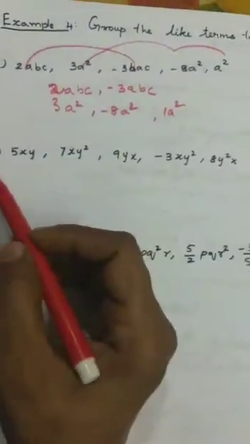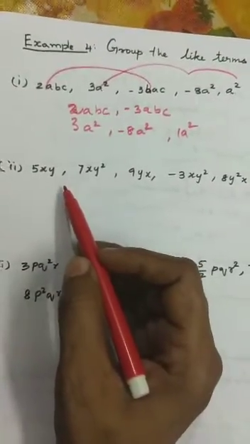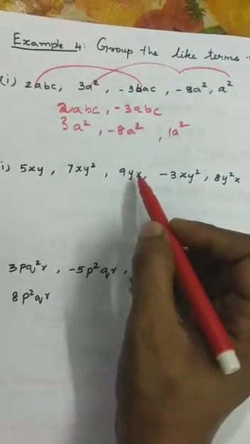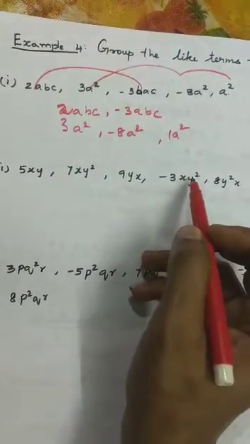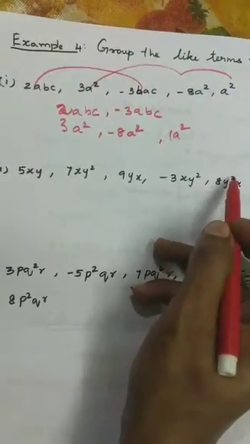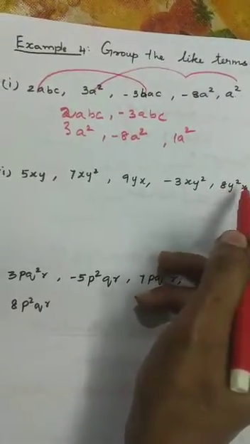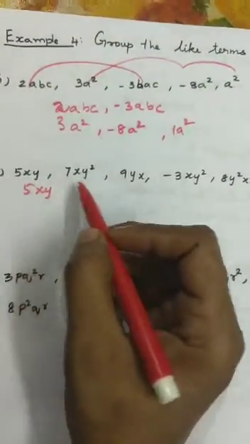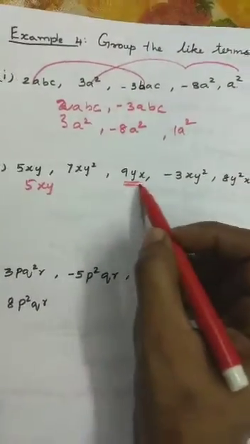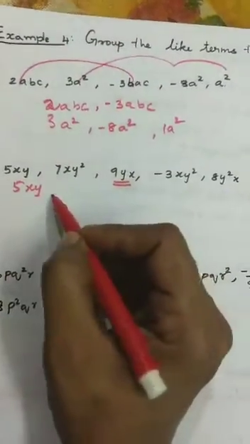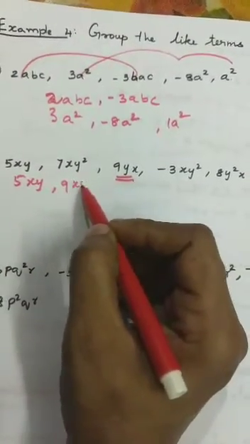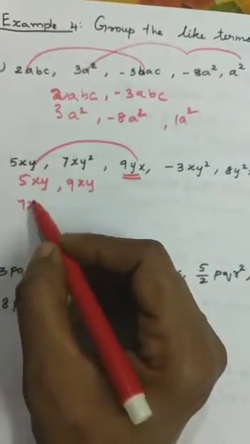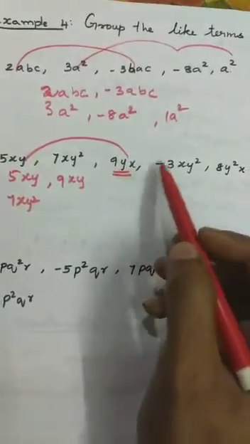Then see the second one. 5xy, comma 7xy square. Then 9yx, minus 3xy square. Then 8y square x. Okay, see here 5xy. Any xy here? Yes, here is one. Yx means that is xy. Both are same. So 9xy. Here these two are like terms. Then 7xy square. Okay, see here?